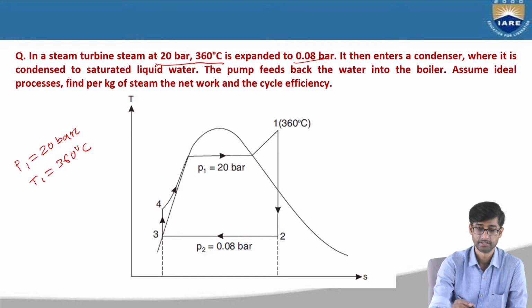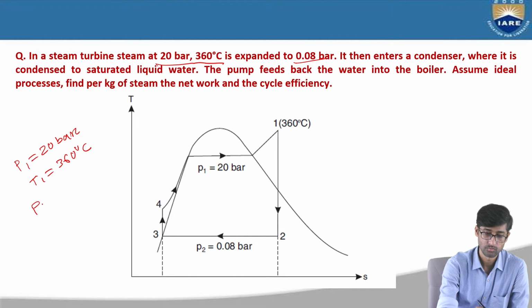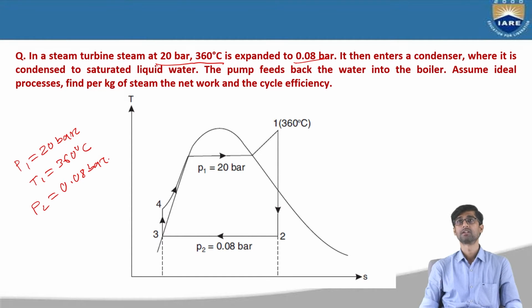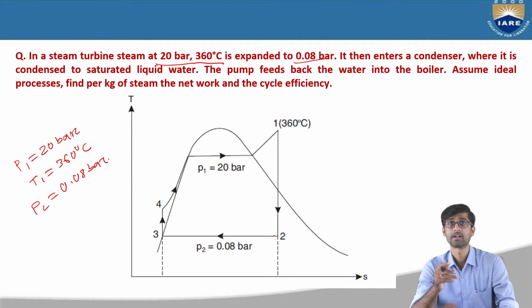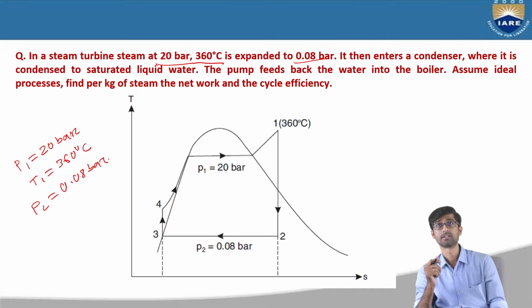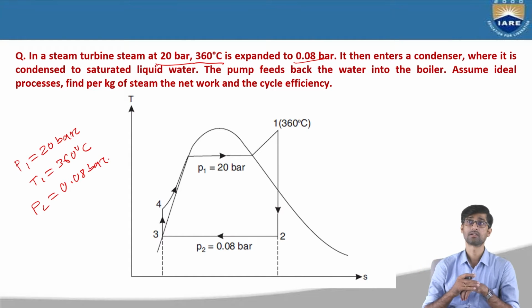It is expanded to a pressure of P2 equal to 0.08 bar. It then enters a condenser, where it is condensed to saturated liquid water. So the pump feeds the water into the boiler.